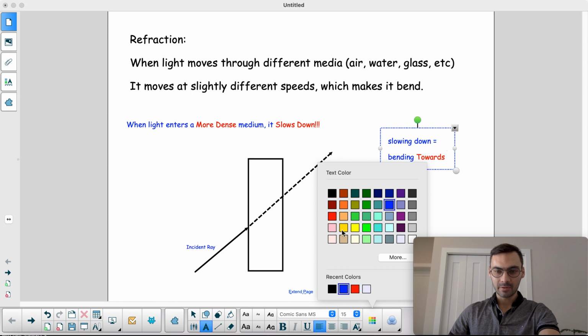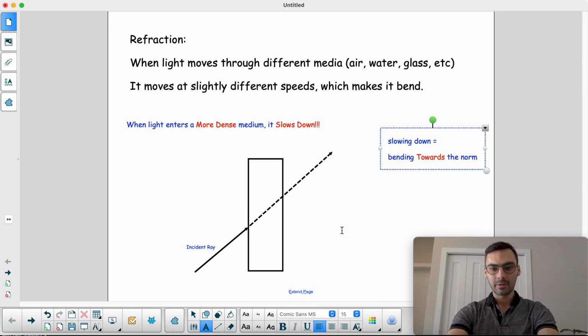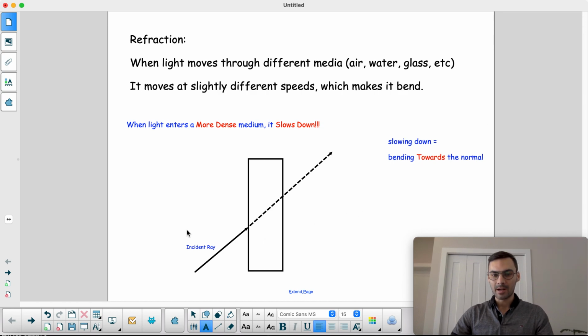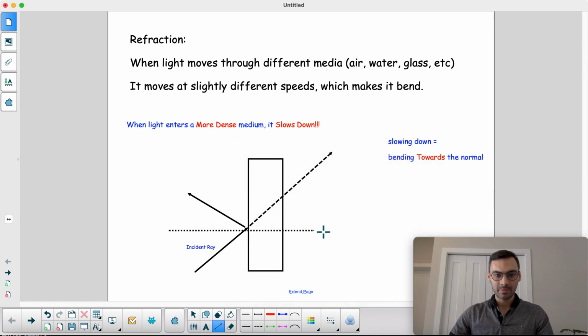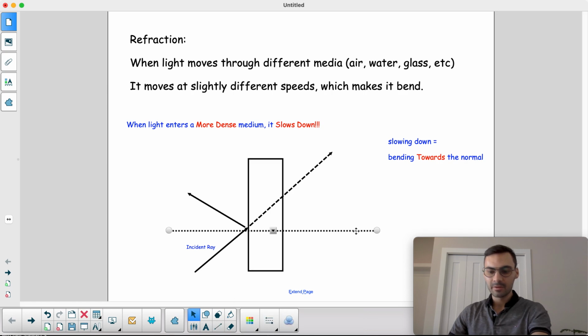There's going to be another word that we've looked at so far, the normal. So the normal, remember that was that line that was right in between. So if this was reflecting, we know that the light would come off here, and that magical line that would be a perfect angle in between them is called the normal.